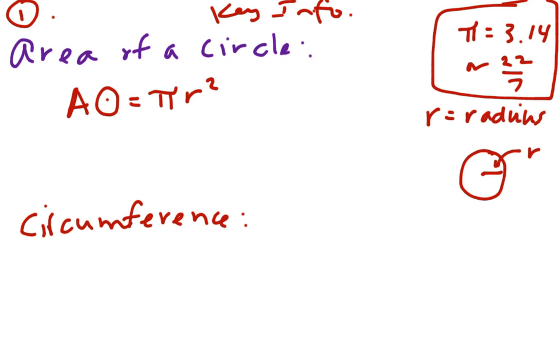And then circumference of a circle is a little bit similar. It has some of the same elements. And we know diameter is the distance across a circle that goes through the middle. So it's a chord that goes from one end to another through the middle. That's d, which is equal to twice r, because if you go halfway across, that's r, and then if you go all the way across, that's 2r, which is the same as d, or diameter.